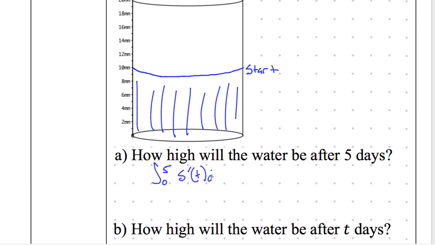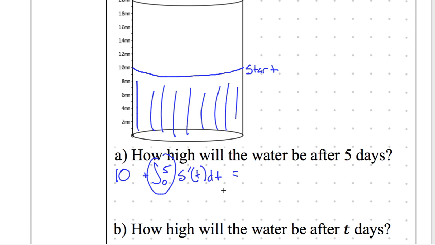And then we'll add a dt to be formal. Plus 10, because it's start plus the change is equal to the end. Should we do S prime of 5 instead of S prime of t? No, because we already have the integral that says from 0 to 5. That's how we know the bound is going to be between 0 and 5 days.